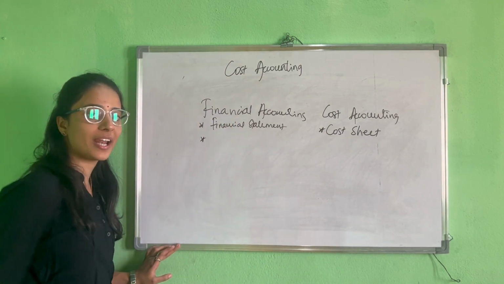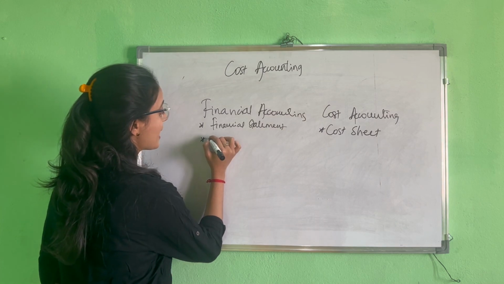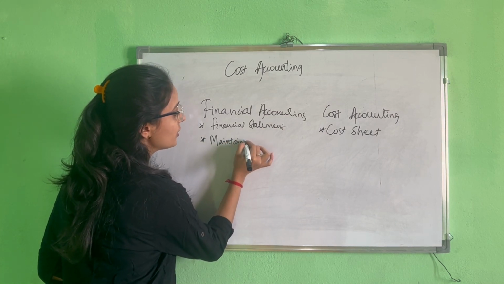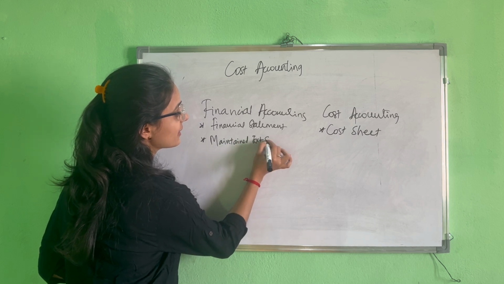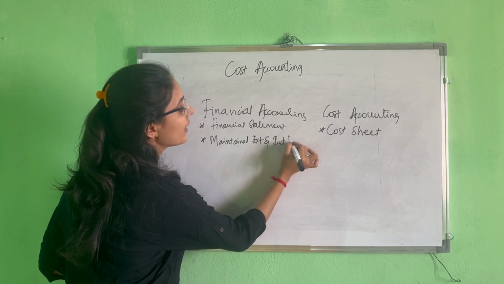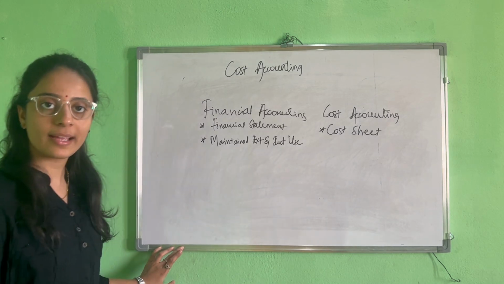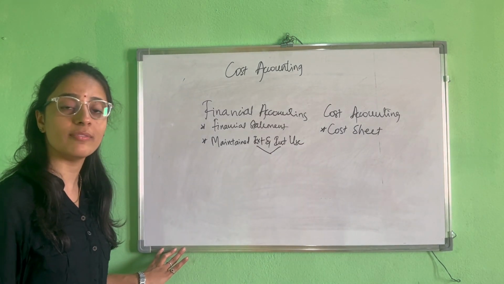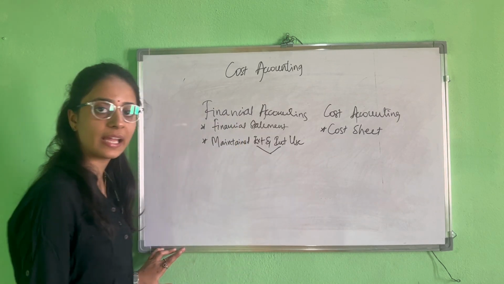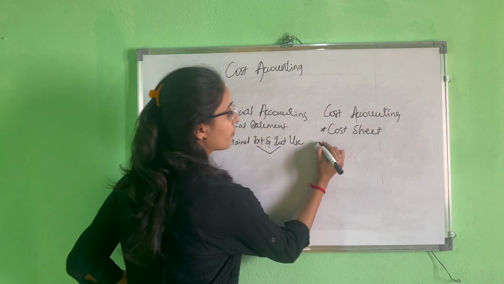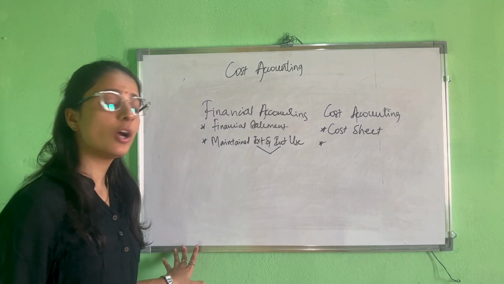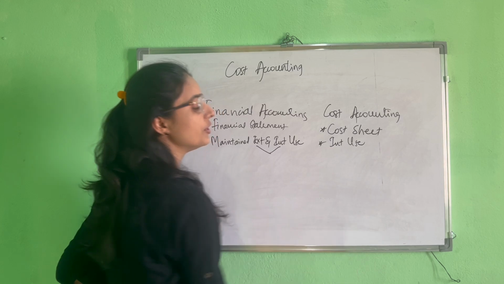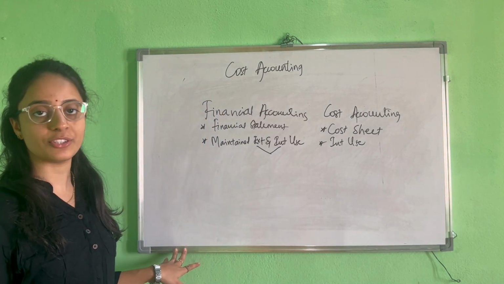This financial accounting is maintained for both external and internal use. Correct? There are various external and internal uses we have always studied under financial accounting, right? But cost accounting is maintained only for internal use.